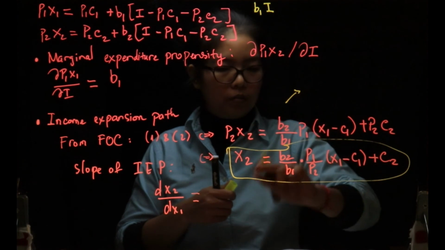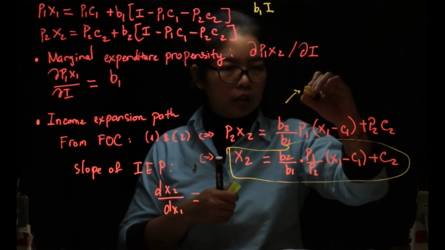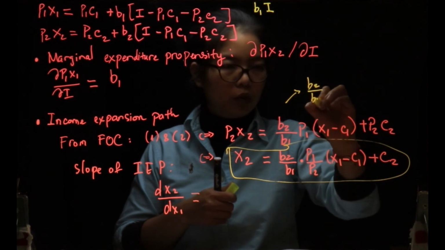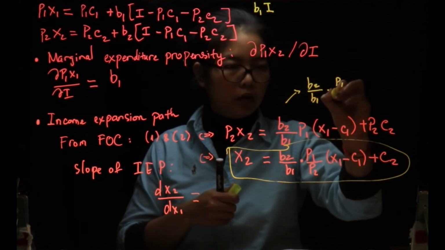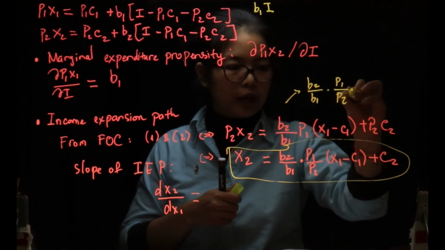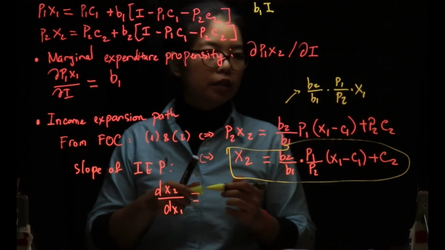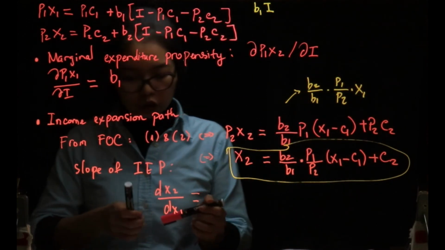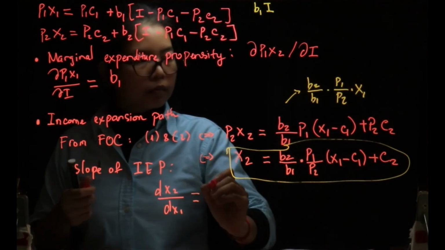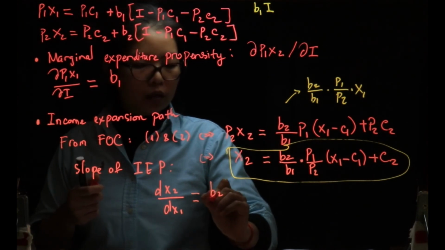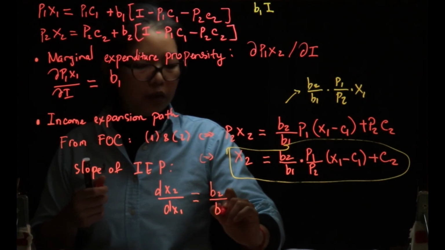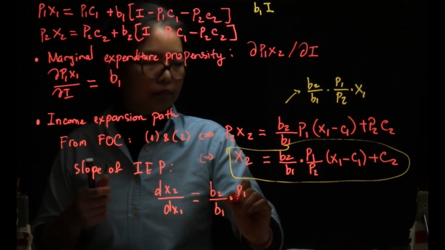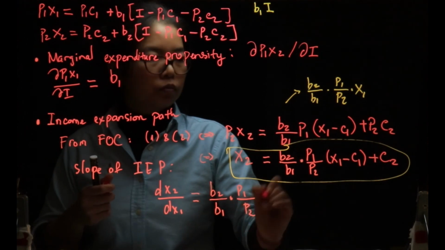The only term in this linear equation where you have x1 is b2 over b1 times p1 over p2 times x1. And the derivative of this term with respect to x1 should be b2 over b1 times p1 over p2.